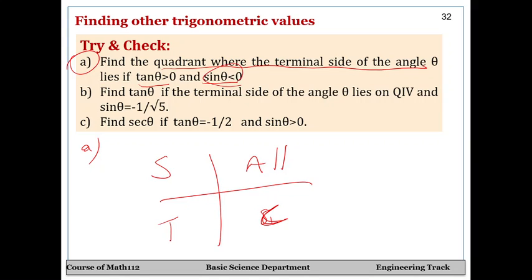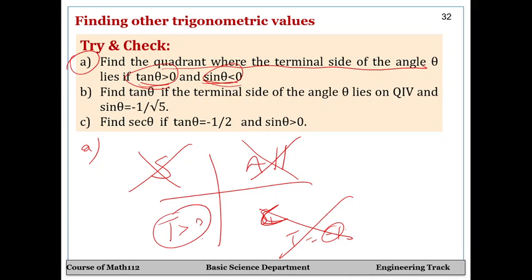So here sine is negative, it's not this, and the tangent here is positive, but the tangent is negative here, so we cannot take it. So tangent is positive only here, and sine is negative. So we say this is the third quadrant.